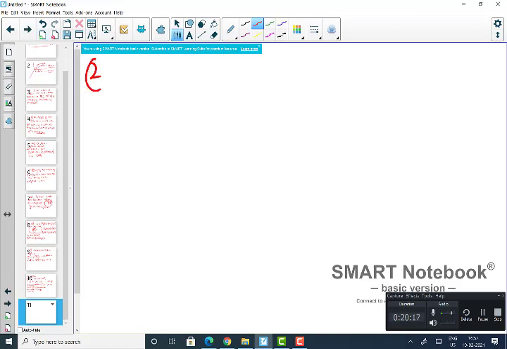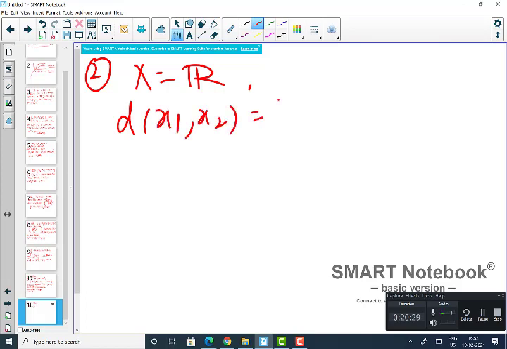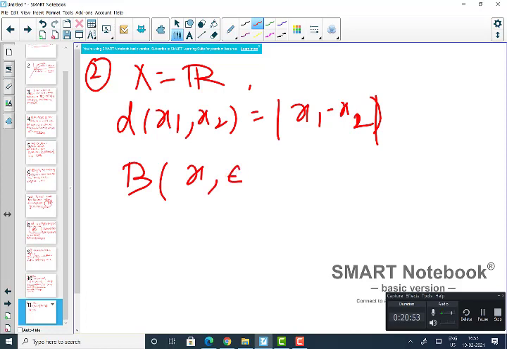You choose your X to be the real numbers R, and you define the standard metric as the modulus of x1 minus x2, right, inside R. You see that these will generate the standard metric. How do these open balls look here? The open ball at a point x of radius epsilon is nothing but x minus epsilon to x plus epsilon, right?